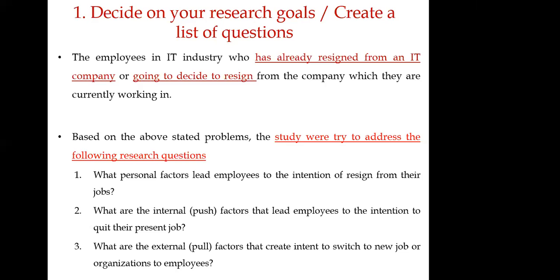So we did a research with the CIC students, my research group. The first thing, we discussed with the IT company and got their research problem.